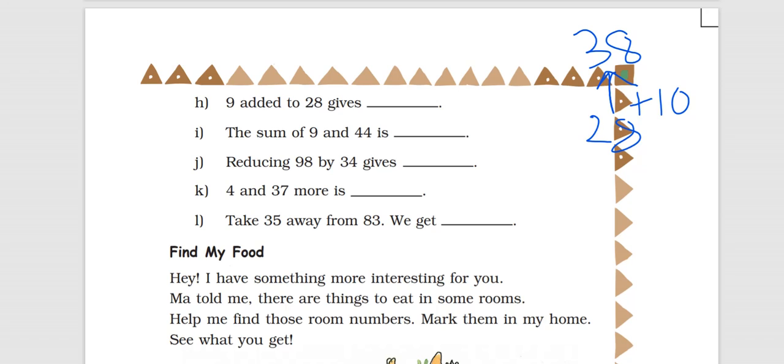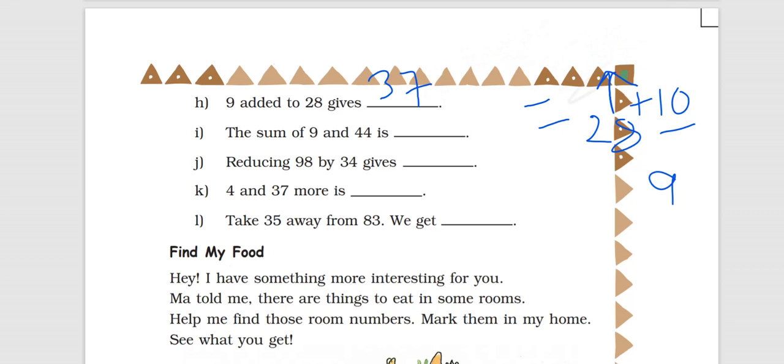So we added one more than what we should have. So let's give back one. Take a step to your left, subtract 1, you come down to 37. So we first added 10, but then gave back 1. So we added only 9. So 9 added to 28 is 37.